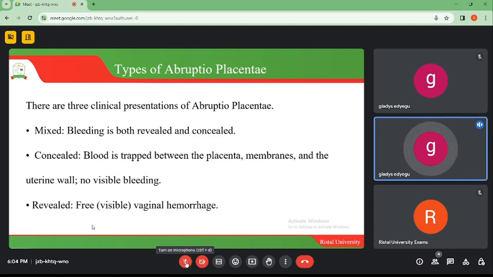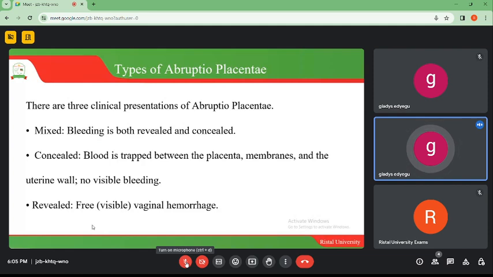Then the revealed one, it is a free vaginal hemorrhage or visible. So you realize the mother is actually bleeding, and when you examine her, there is oozing of blood around the vaginal os. And that one is the revealed type of abruptio placentae.